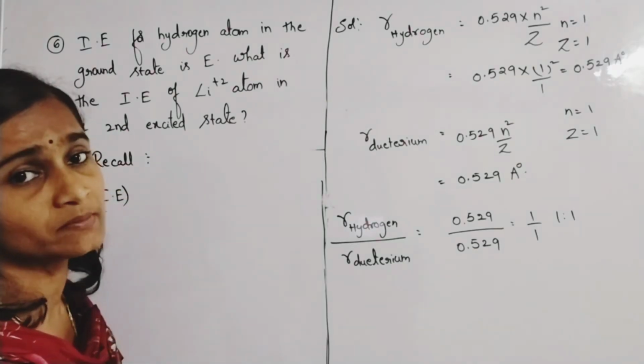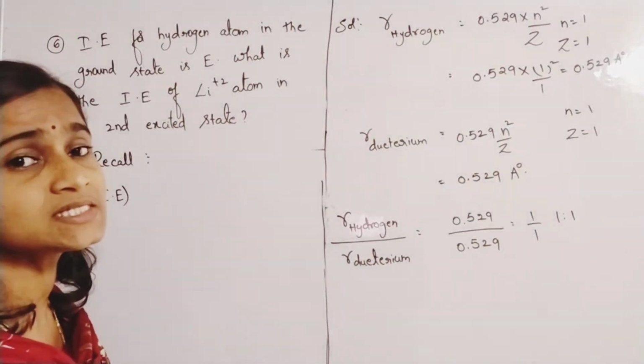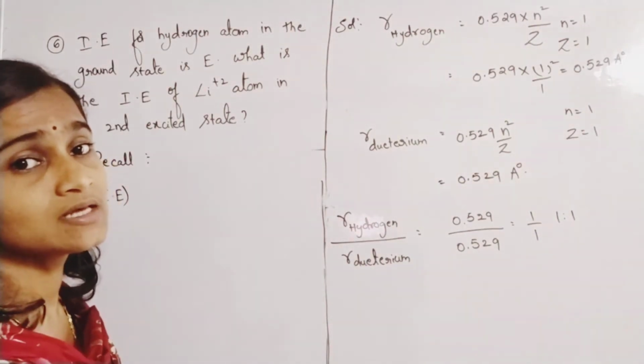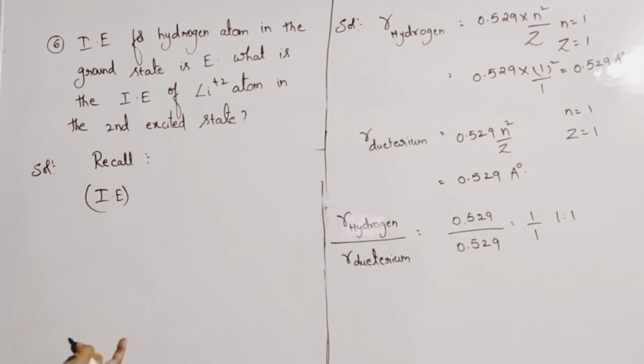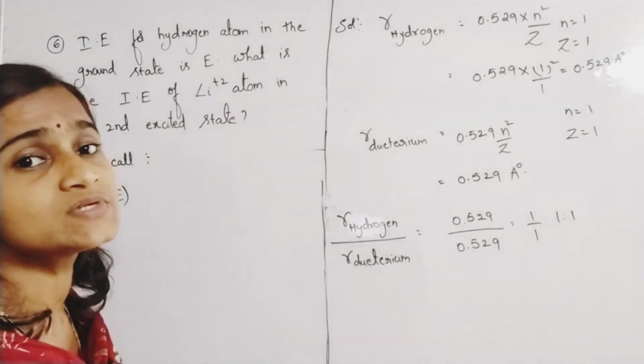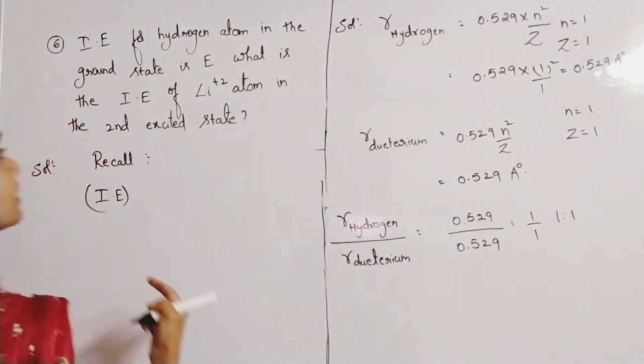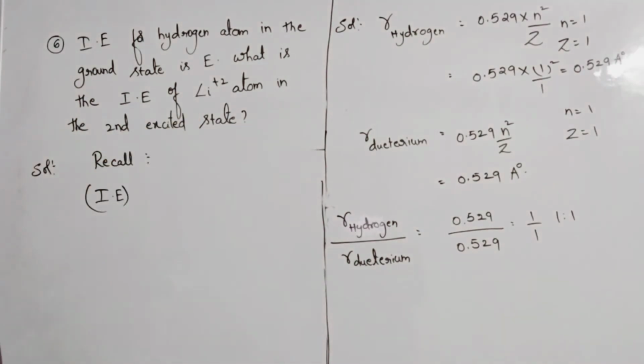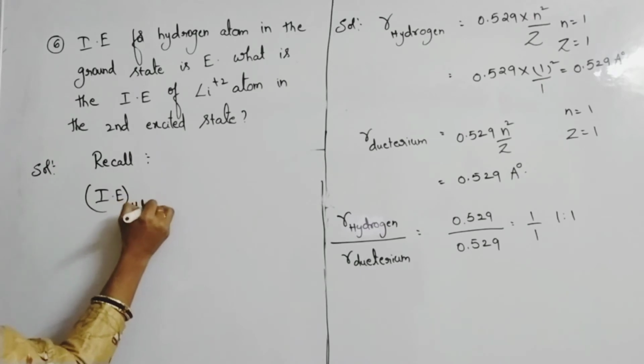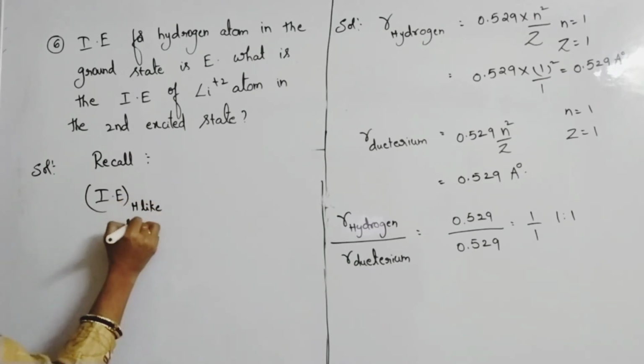Dear children, please remember, H-like species means species having a single electron. How will H-like species be formed? By losing the electrons which are present in them. So here Li plus 2 is an H-like species only. Please understand.